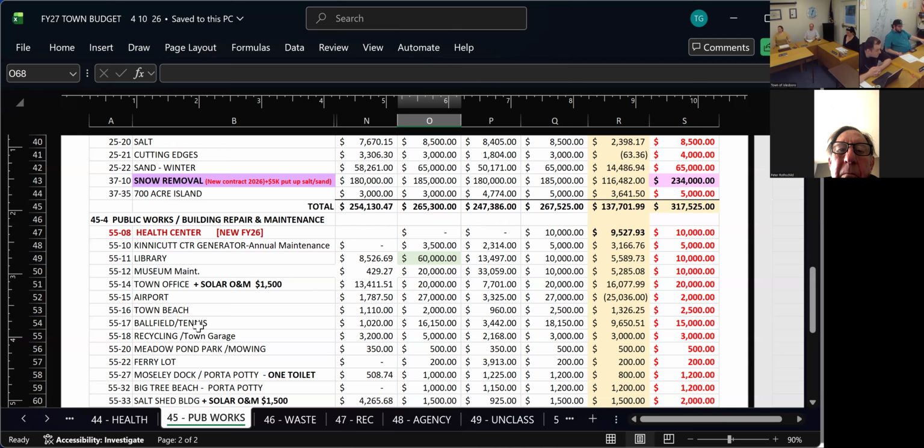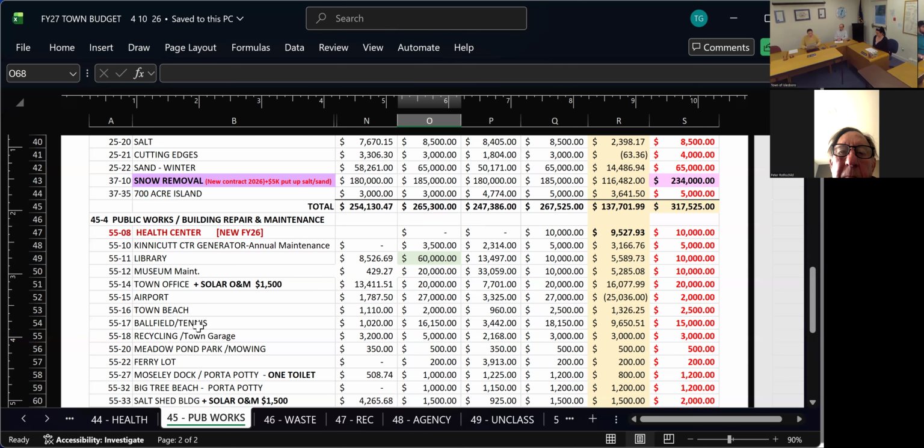Great. Anybody have any other questions about anything I went over tonight? Because it was a lot. I spent a lot of time with this spreadsheet. Thank you for going through it in detail so that we can feel confident in the numbers that we are approving, because that is really important.